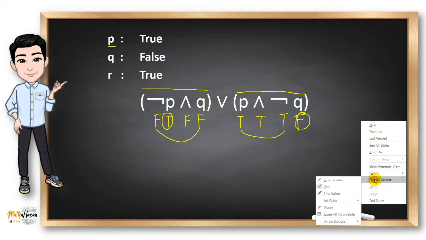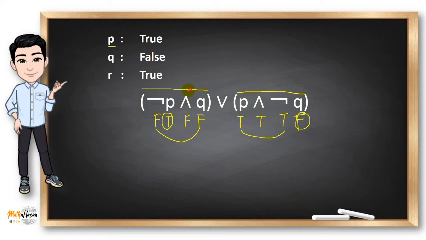Now, what is left is this part and this part. And we need to pair them up using this disjunction. So F or true, the answer is true. So the truth value of this compound proposition is true.